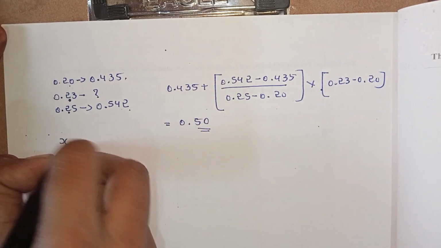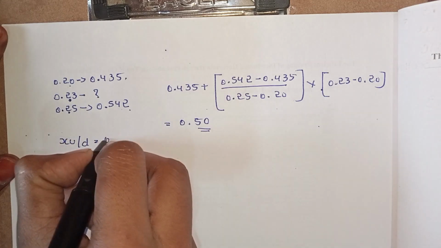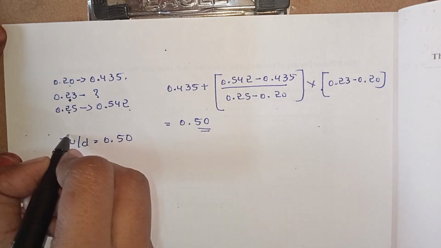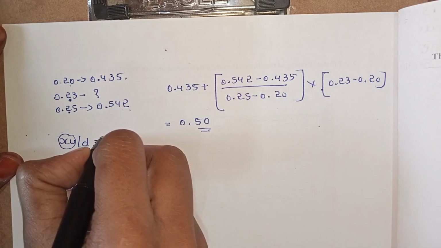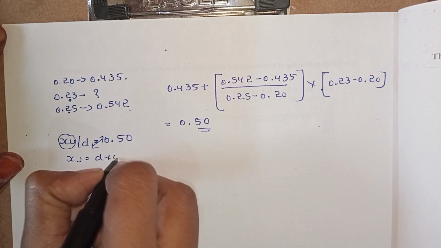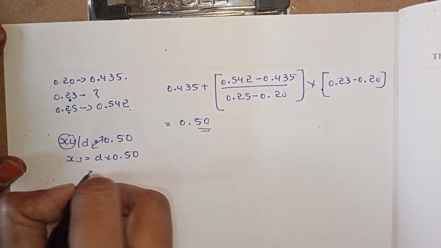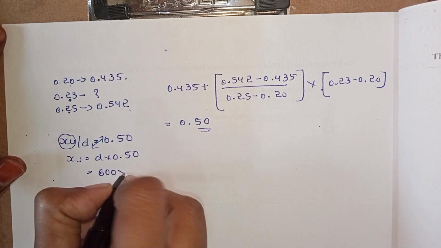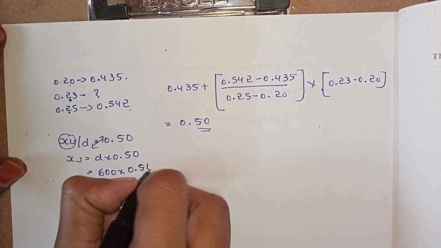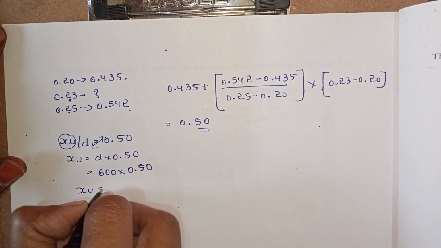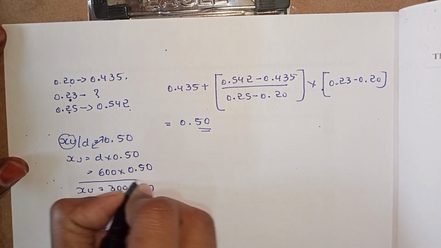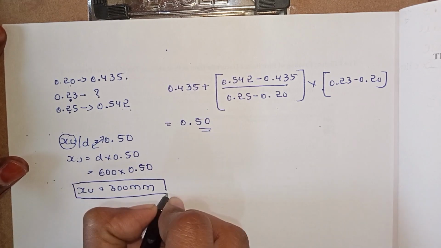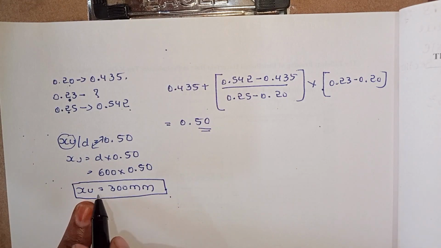So xu by d value is 0.50. Now we want the xu value. So xu equal to d into 0.50, d is 600 into 0.50. Now we got the xu value as 300 mm. Now we have both values, the xu value and the fpb value.